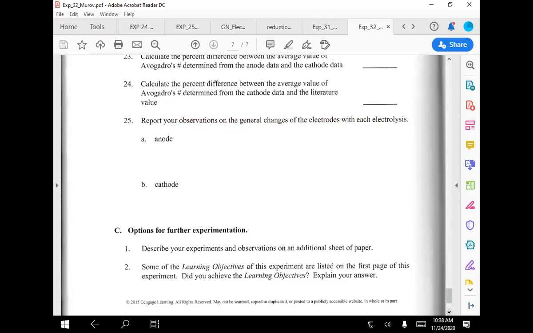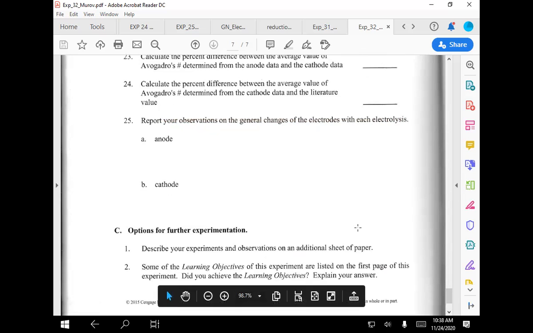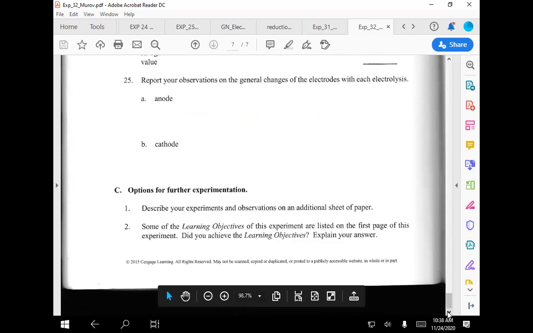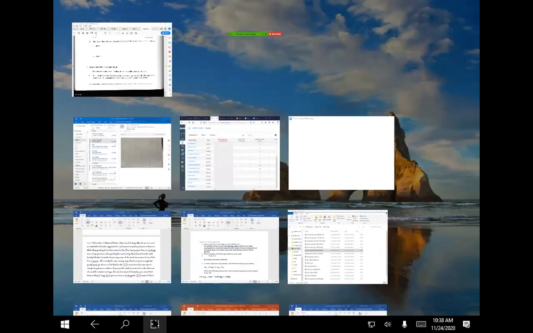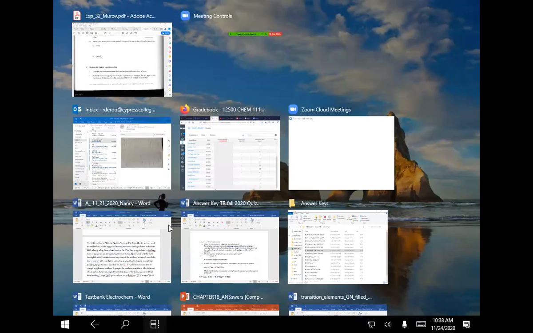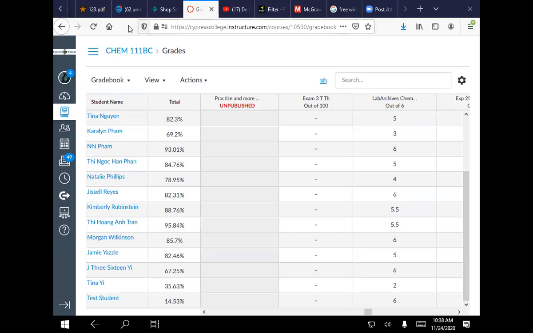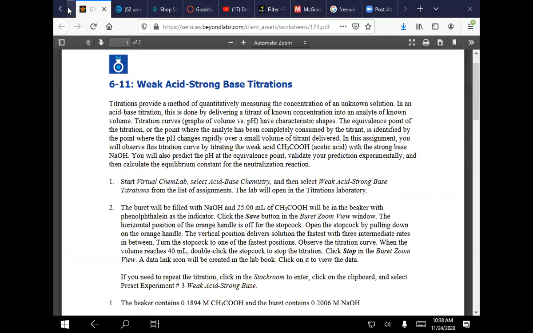And then, of course, we're not doing the options either. Okay, so let's go look at the lab archives. Let me find it. Okay. And let's see, where's all my, got lots of stuff here.